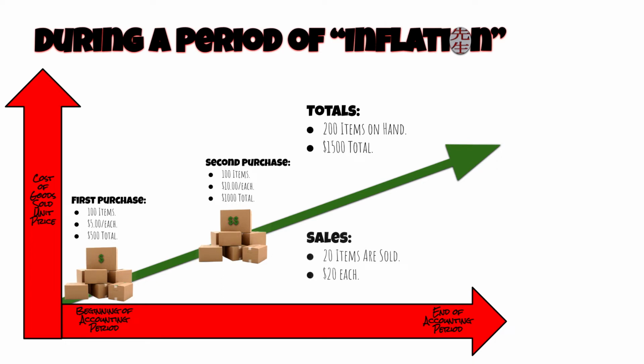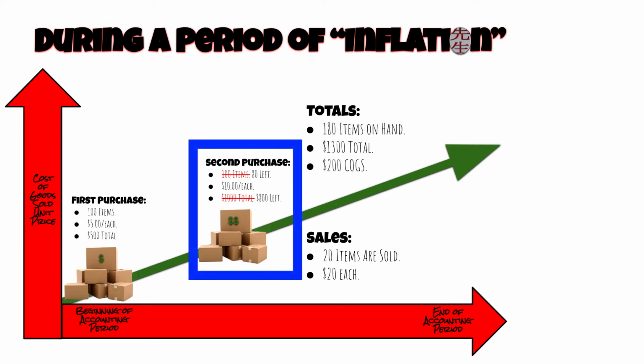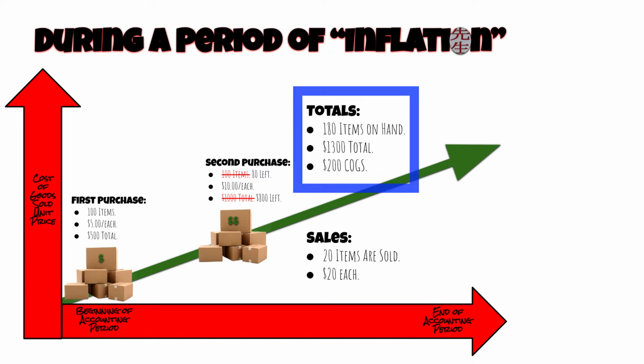Now let's say we sell 20 items for $20 each. LIFO would assign the cost of the last 20 items purchased at $10 each. Because we are using LIFO, the cost of the 20 items sold is $10 each. And this means our cost of goods sold is $200 and we have a remaining value of $1,300 in inventory.